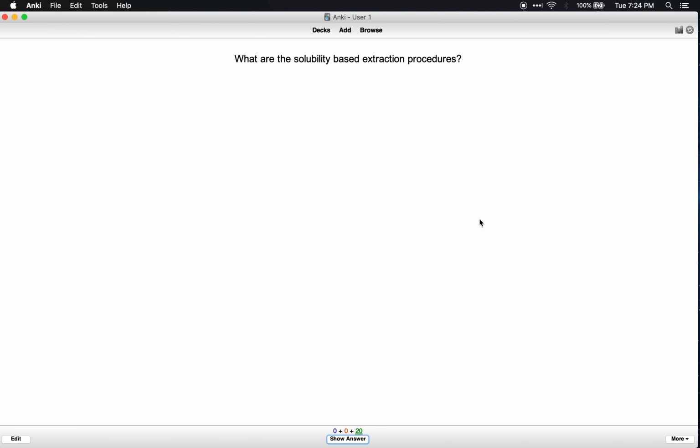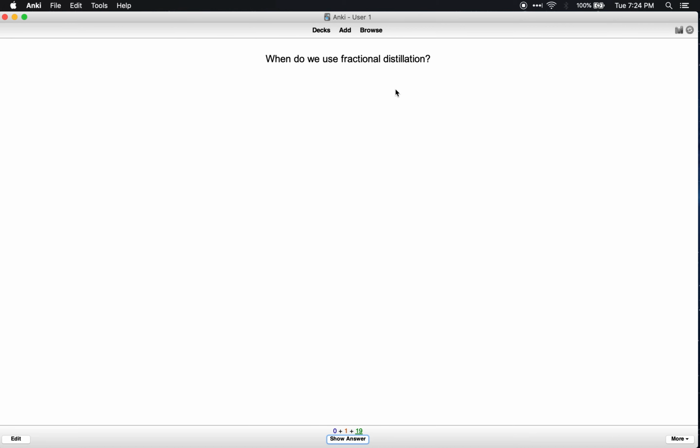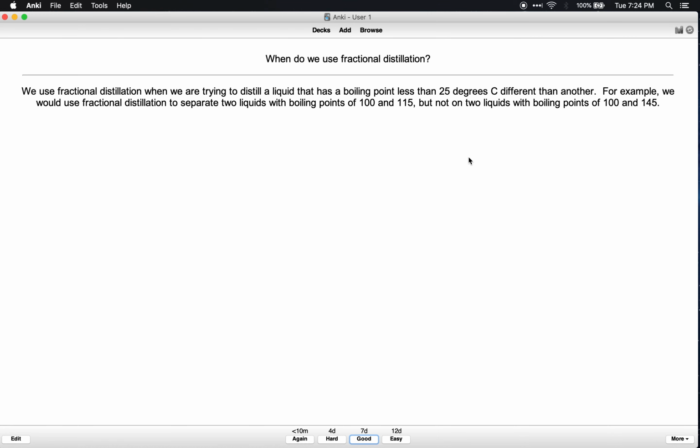For solubility: recrystallization, filtration, and the one where you mix it together, extraction. Distillation is used when two liquids have boiling points below 150 degrees with a difference below 25 degrees Celsius.